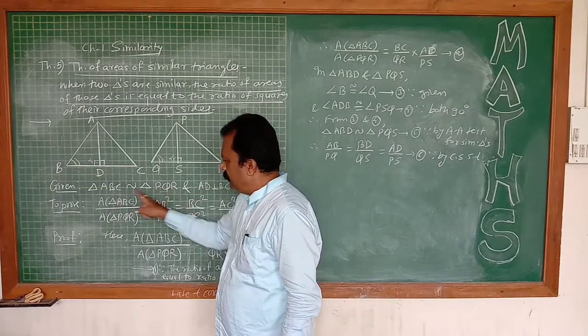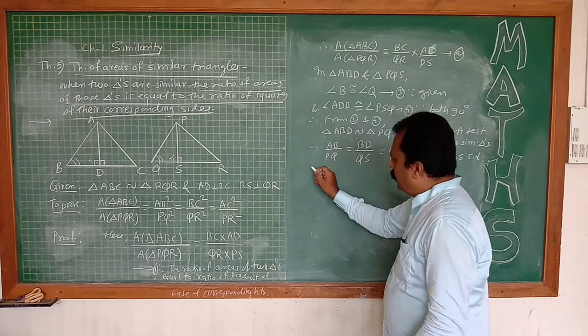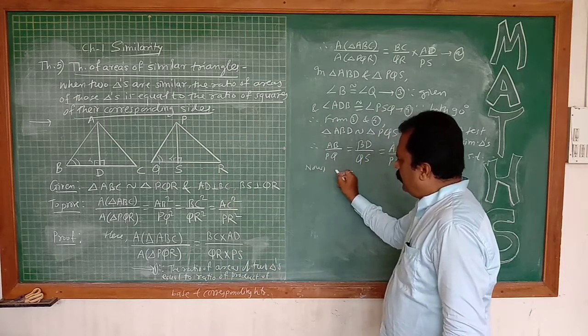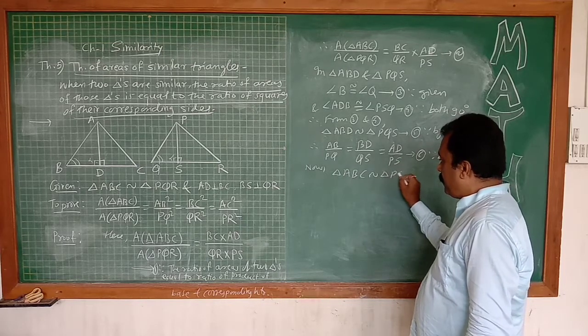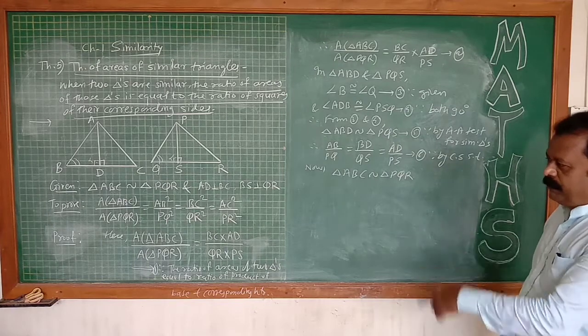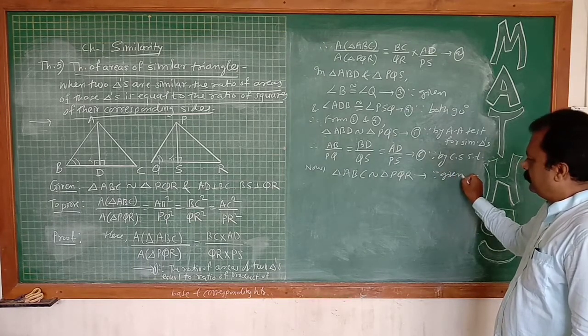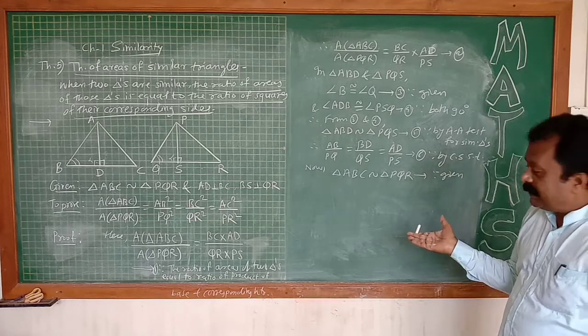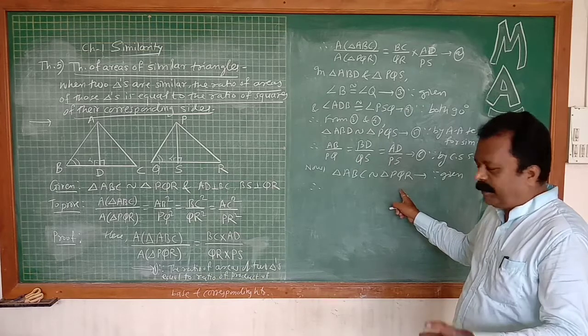Here you will get it. Keep the big triangles in consideration. Triangle ABC similar to triangle PQR is what is given, so take ratios of this. If two triangles are similar, then sides are in proportion.